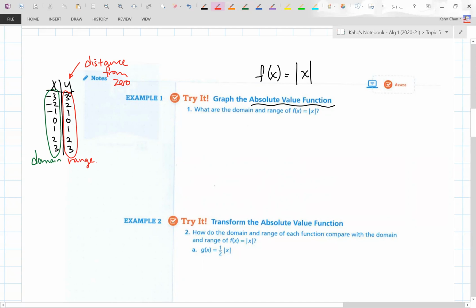Eventually, we'll get a situation where we will be shifting, stretching, shrinking, reflecting this particular graph, just like we would with any parent graph. Let me plot those 7 points that I have over to the left from the table, and let's see what we get.